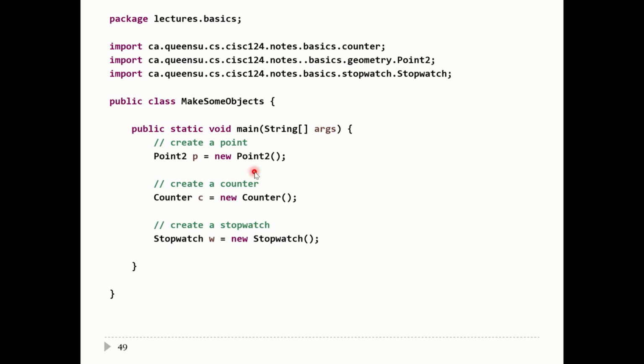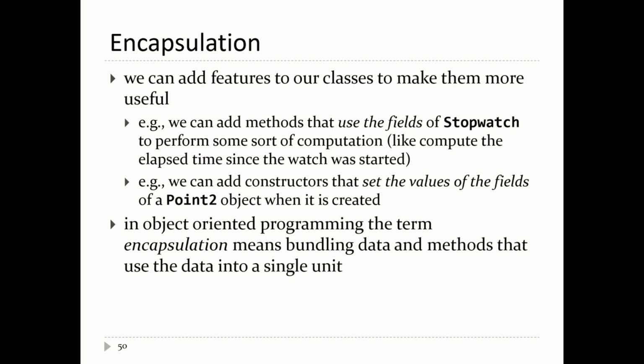You can import all the classes and you can actually make a PointTo object, a Counter object, and a Stopwatch object, and that works just fine. Which is strange because we don't actually have a no-argument constructor defined in the classes yet. All right, so we'll come back to this in a moment.